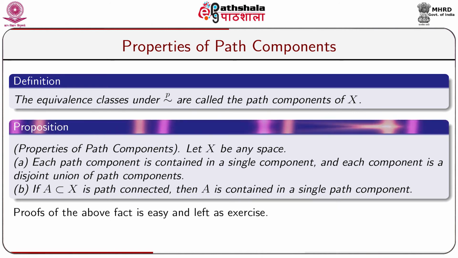So, to prove this, let A be contained in two path components C and D. Then since C and D have the common part A, the union of C and D is again path connected. Now C and D both being path components, it should be that C is equal to D. So A is contained in a single path component.